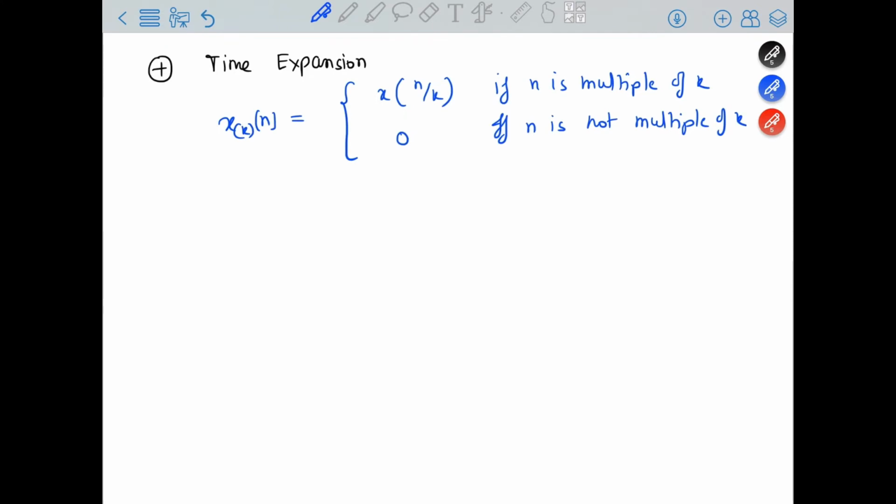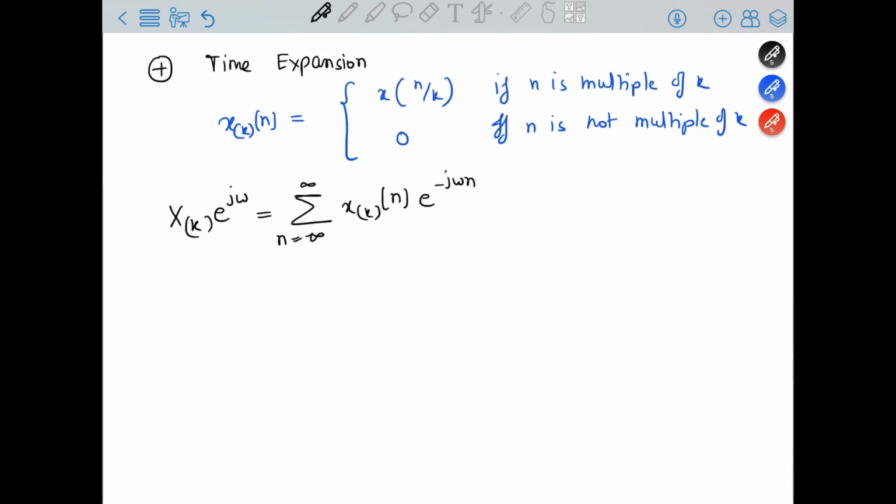So how can we get the Fourier transform of it? We'll just do a quick derivation. Suppose we want to get the Fourier transform of this. The representation will be X_k(e^{jω}), and that will be equal to summation n equals minus infinity to infinity x_k[n], which is showing the expansion with a factor of k, multiplied by e^{-jωn}.